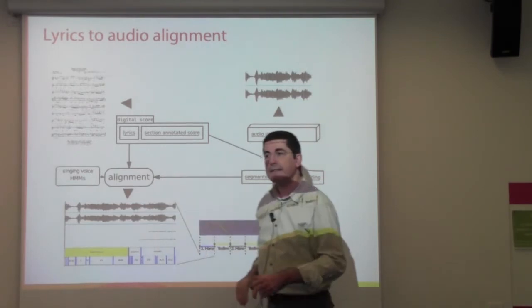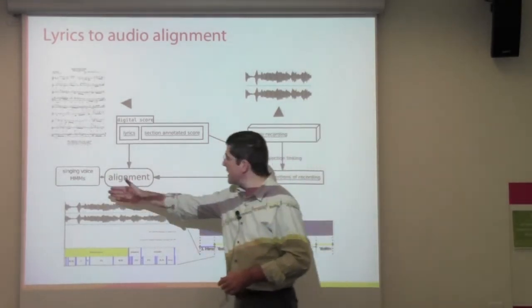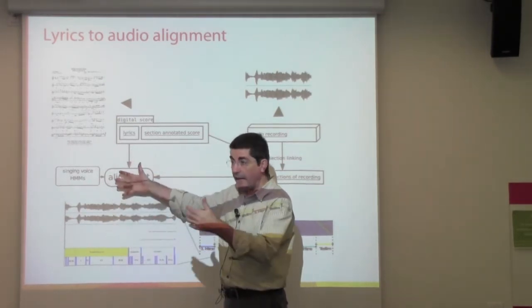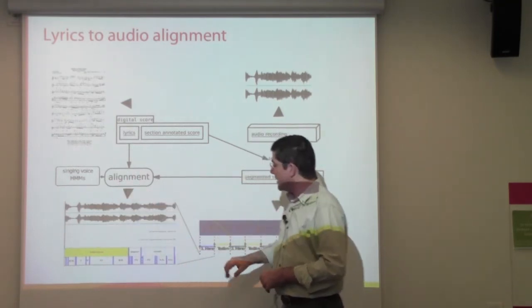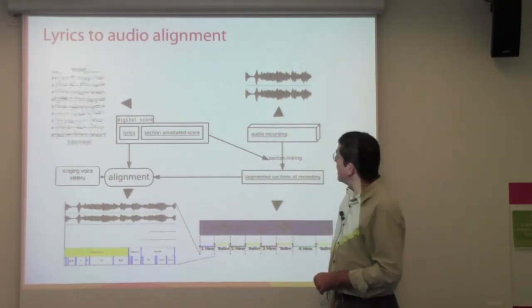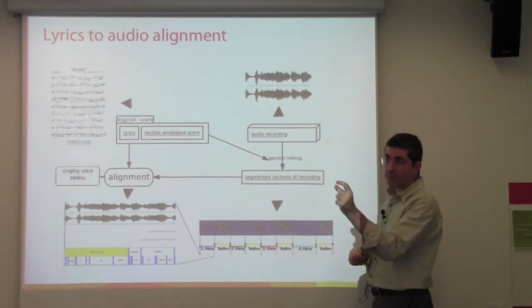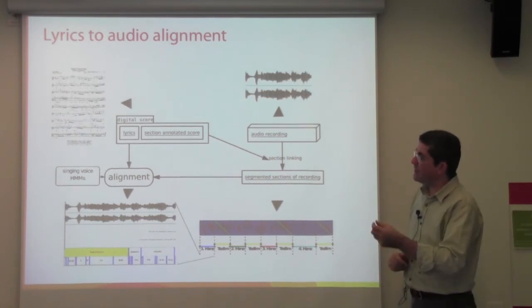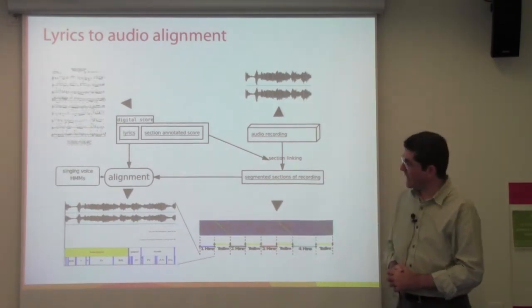So we have been applying some speech recognition and using HMMs to have a model of the particular language, particular singing, and then use that to align it with the audio and identify those phonemes or those singing phonetic units and be able to align them like that.